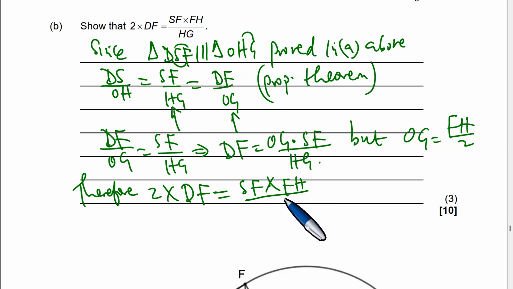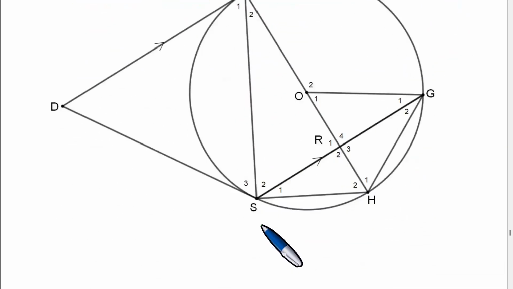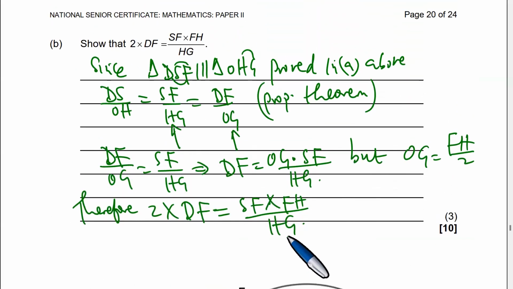You divide by HG. 2 times DF is SF times FH over HG. Okay, that is what they asked us to prove, and we have proven that.